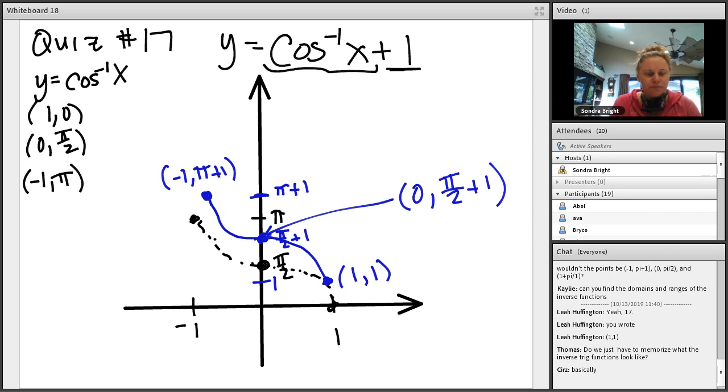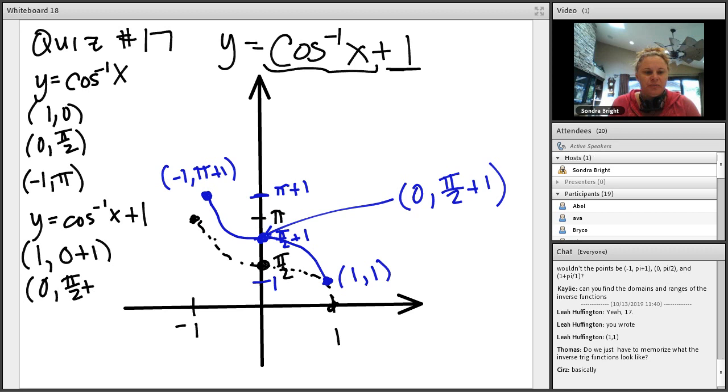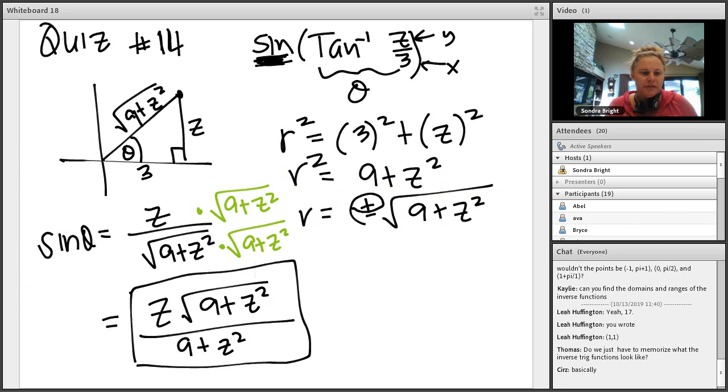So when you do y equals inverse cosine of x plus 1, you'll have 1 comma 0 plus 1, 0 comma pi over 2 plus 1, and -1 comma pi plus 1. You're just adding 1 to all of your y values. Is that what I wrote? Yep. Okay, so hopefully that makes sense.